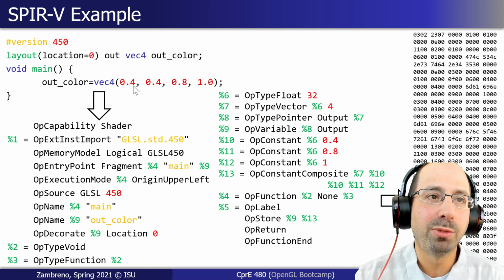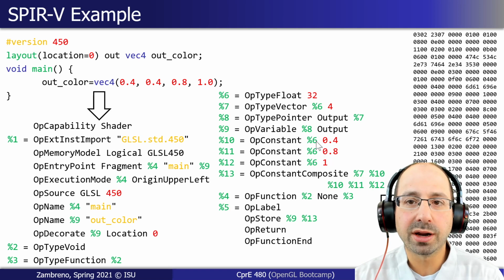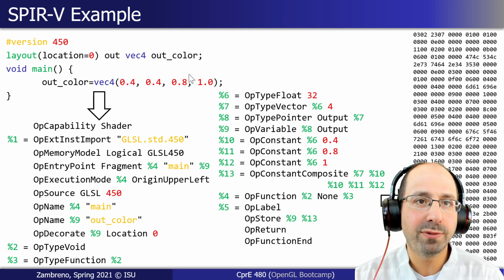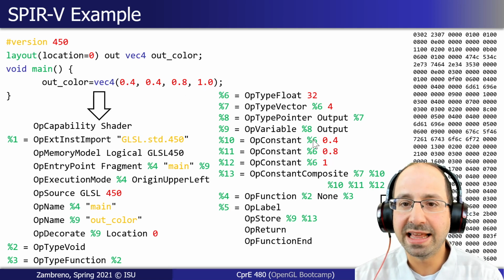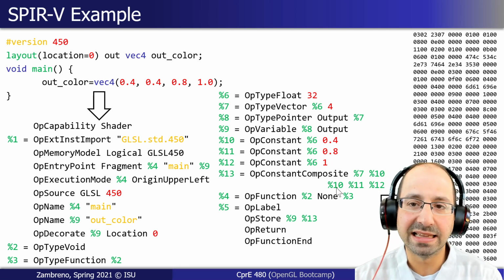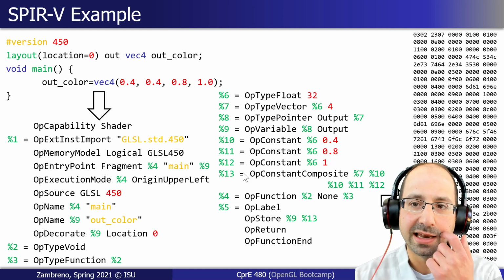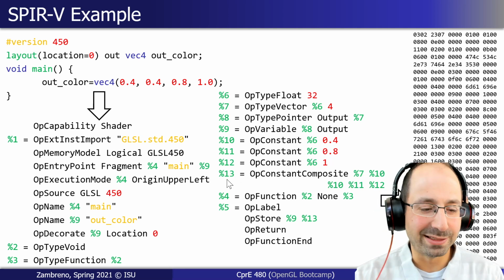There's no actual math here, but we're specifying that we have an output type that is going to be a vector 4, and we're going to compose that with 0.4, 0.4, 0.8, and 1.0. That's exactly what's happening in this composite instruction here. We're saying compose for that output type a composite of 0.4, 0.4, 0.8, and 1.0, and set that as my output.